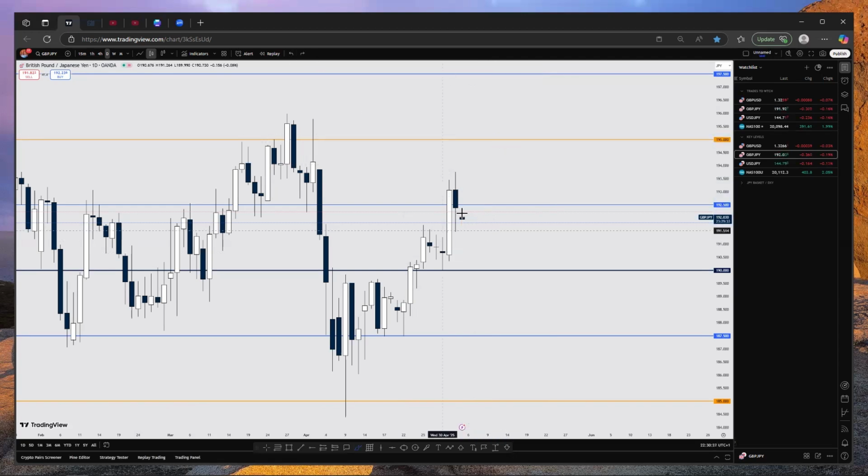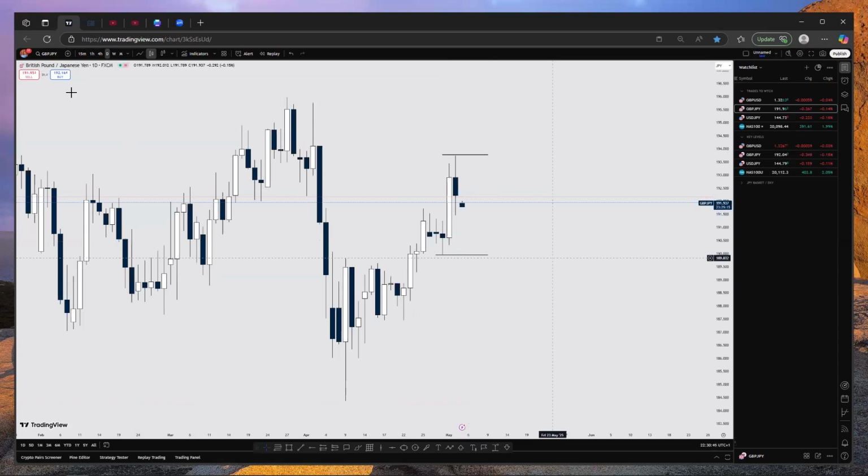Without which, if they don't give us that evidence, it might lead to an overall break. And if we get this daily break, my bias will instantly shift from looking for buying opportunities in GBPJPY to selling and bearish opportunities in GBPJPY. So having said that, back to the main chart for the analysis, we are bullish.